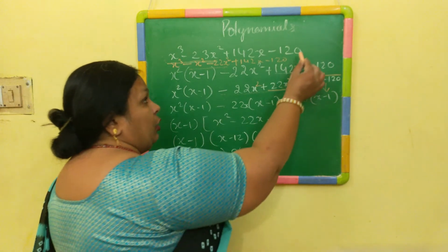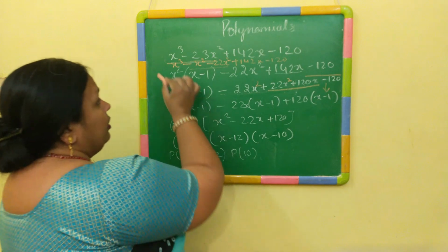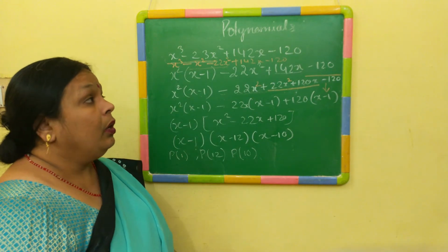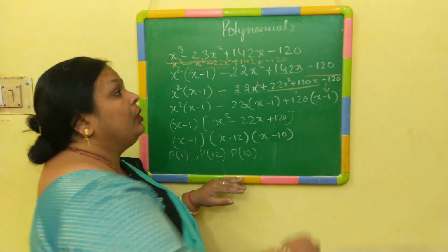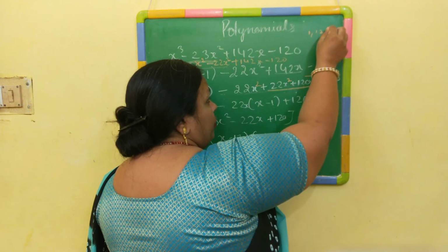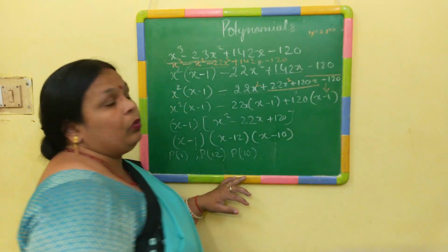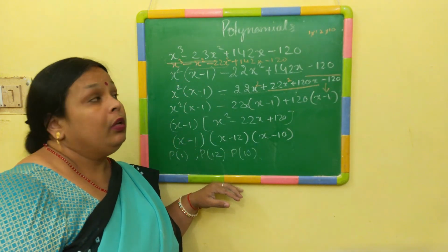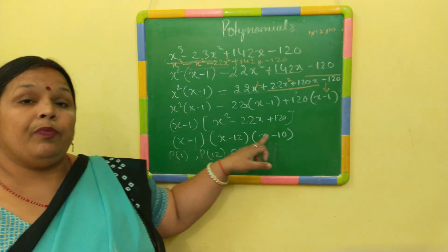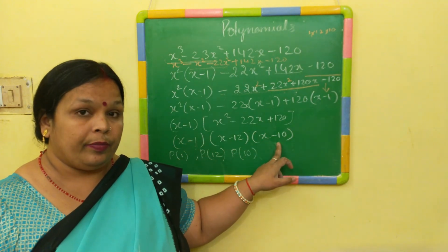We need to see the constant term and the first term. So here the constant is 120. What are the factors of 120? See, 1, 12 and 10. If you multiply these three together, you are going to get 120. See what we have got: x minus 1, x minus 12 and x minus 10.